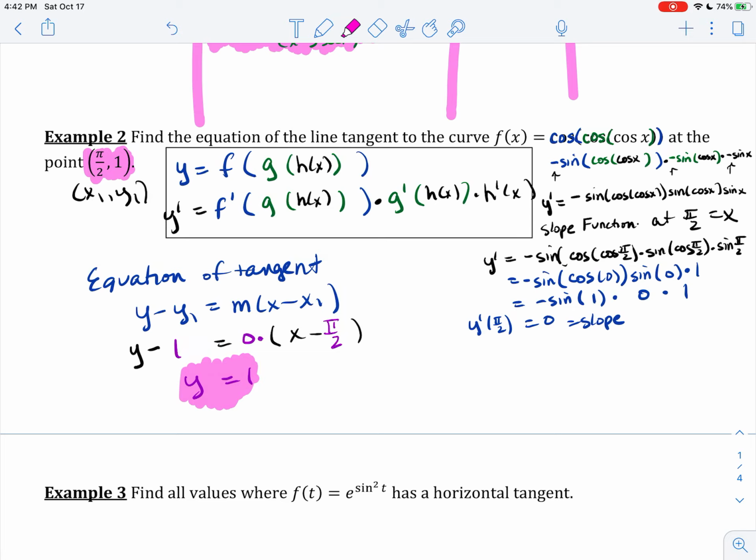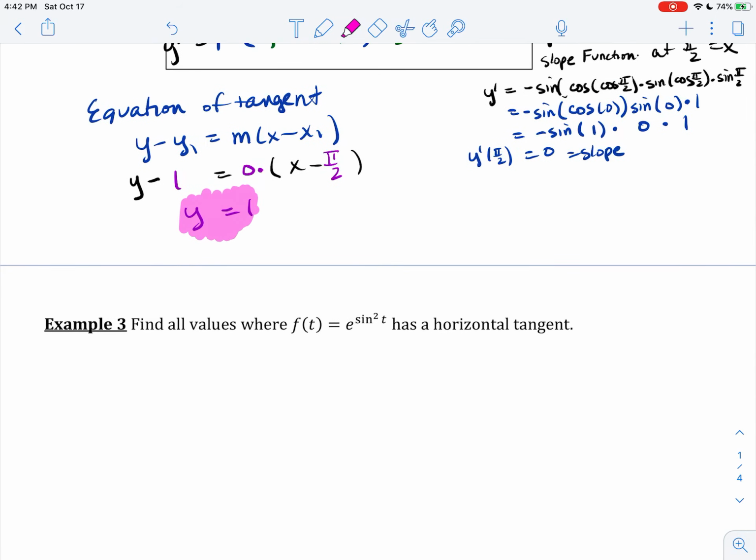All right. Here in this example, it says find all values where f of t is equal to e to the sine squared t, and find all values where this function has a horizontal tangent. So remember, I mentioned just above, horizontal tangents mean the slope is equal to 0, right?